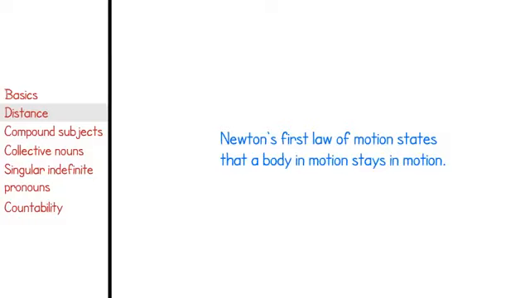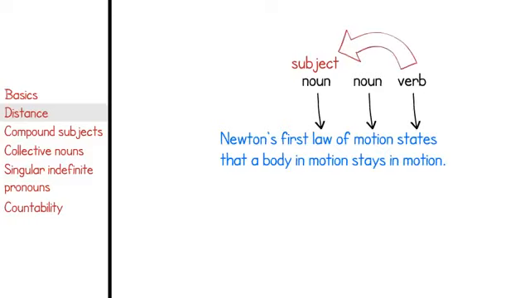In this sentence, even though the noun motion is closer to the main verb states, the subject is the noun law, which appears earlier in the sentence. Sometimes you need to look back in the sentence to identify the subject. Don't assume that the subject is the noun just before the verb.